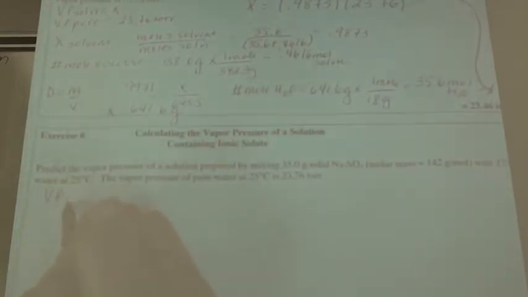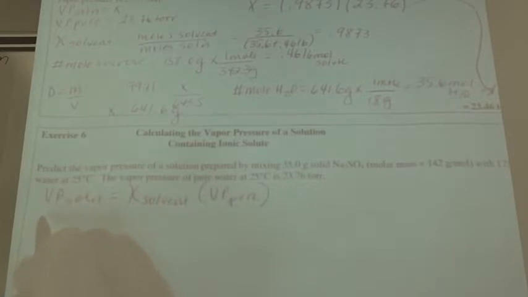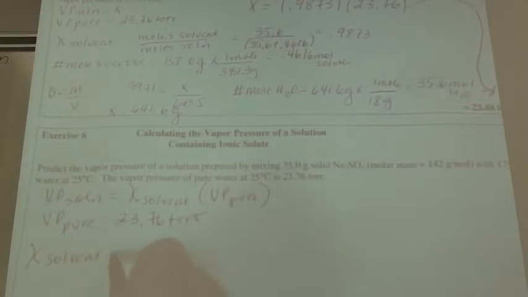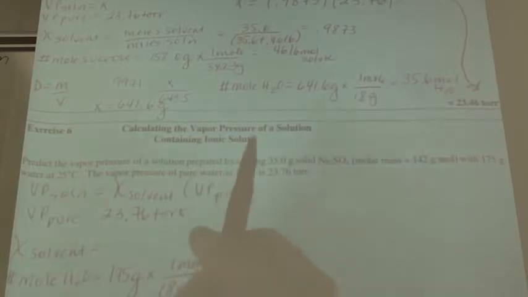So, the vapor pressure of the solution is equal to the mole fraction of the solvent, which in this case is water, times the vapor pressure of the pure solvent, 23.76 torr. The mole fraction of the solvent has to do with the number of moles of water, equal to 175 grams, 18 grams per 1 mole, and we have 9.72 moles of water.